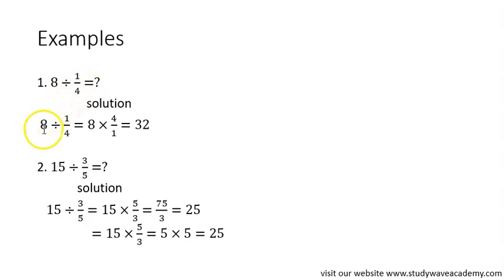So we write out 8 divided by 1/4 is equals to 8 times 4/1. How did we do that? We got the reciprocal of the divisor, okay? That is, 1/4 is the divisor. We exchanged it.